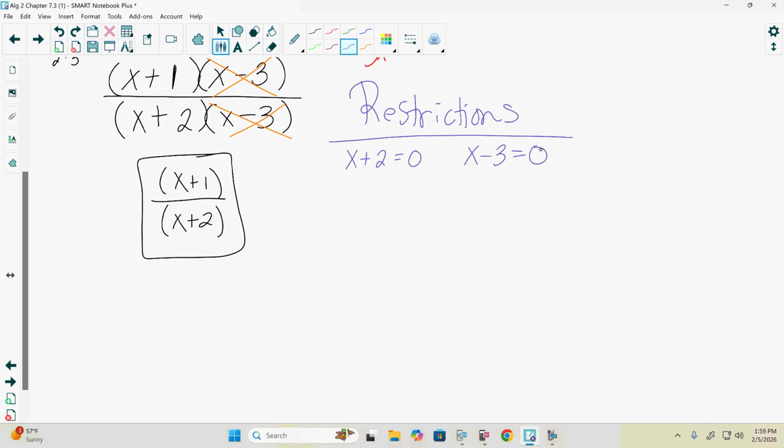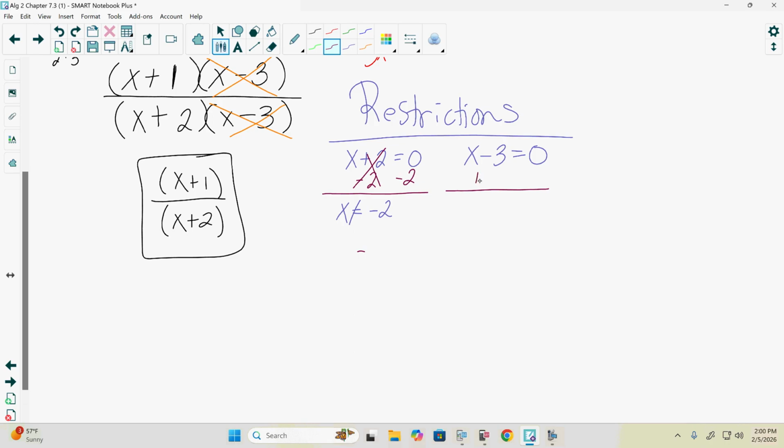So x plus 2 would cause the denominator to be 0 if it equals 0. So we can subtract 2 from both sides to solve for x, telling us that if x is equal to negative 2, the denominator would be 0.